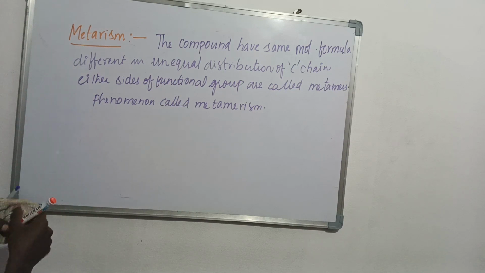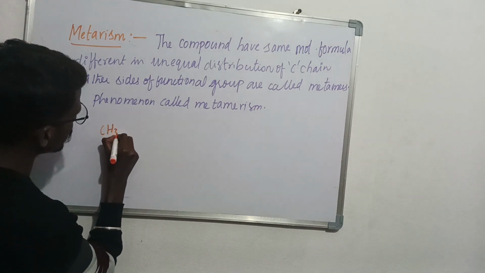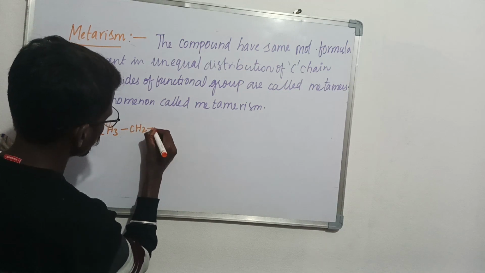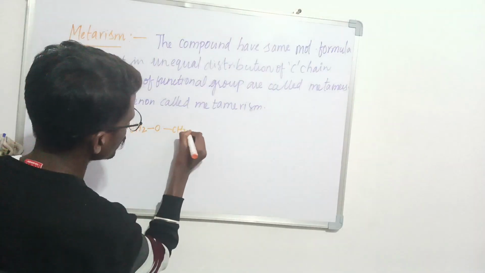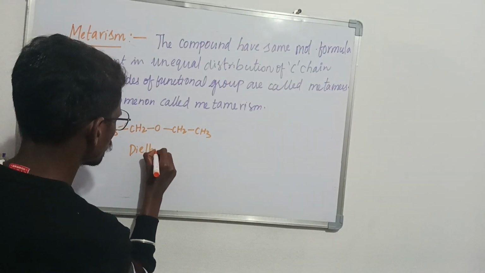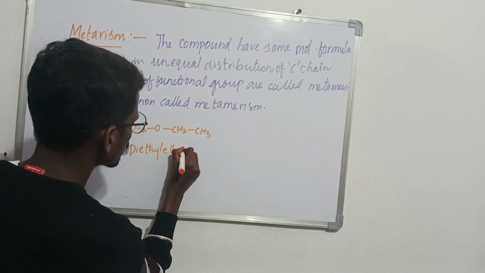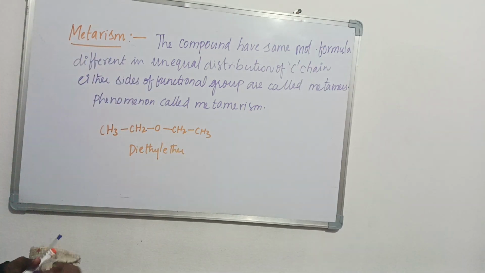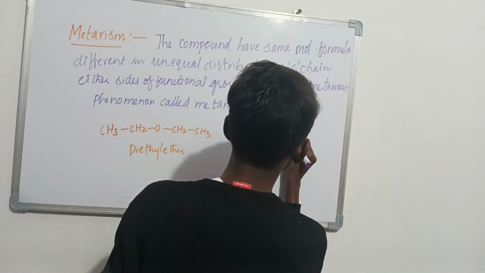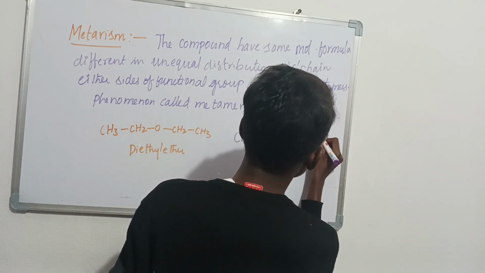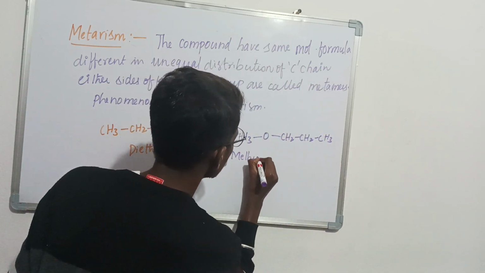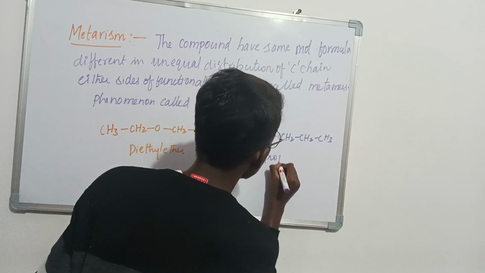For example, CH3 CH2 O CH2 CH3 is diethyl ether. And the next one is CH3 O CH2 CH2 CH3, which is methyl propyl ether.